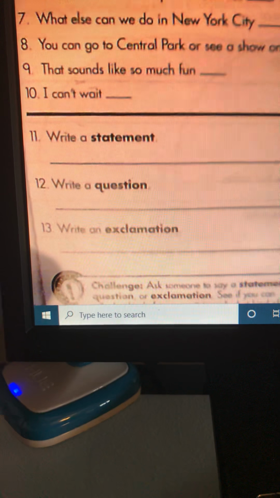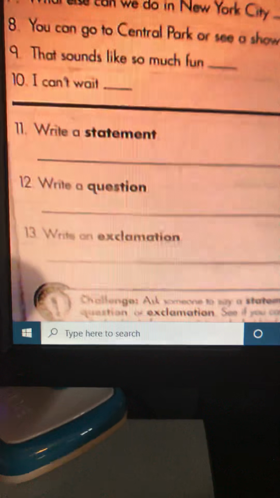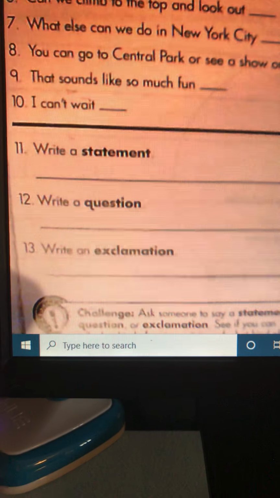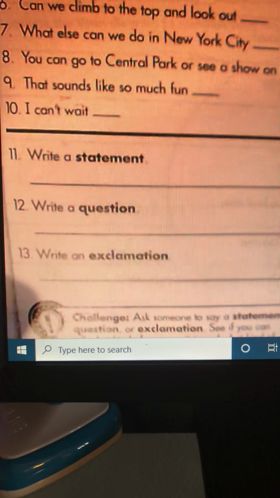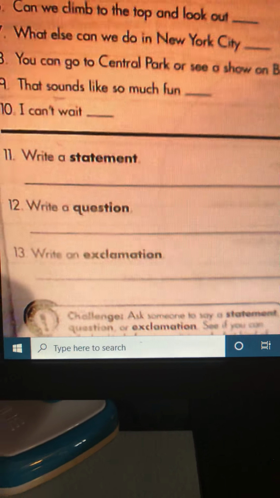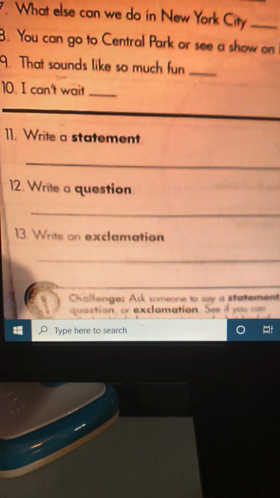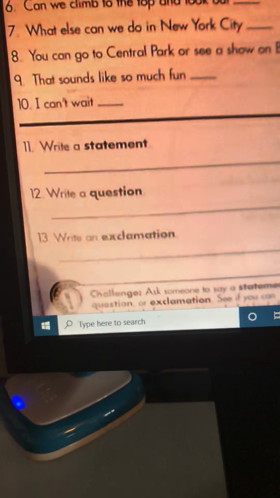So you have to write your own statement or declarative sentence. You have to write your own question or interrogative sentence. And you have to write your own exclamation or exclamatory sentence. Make sure you add your end mark and you start each one with a capital letter.